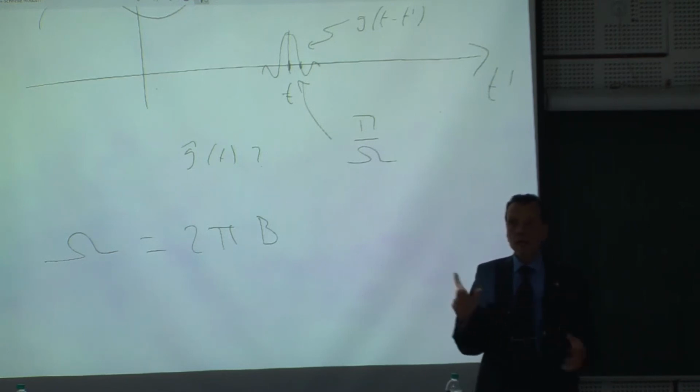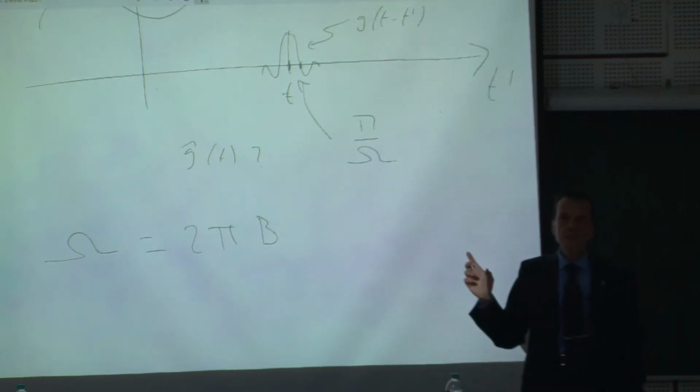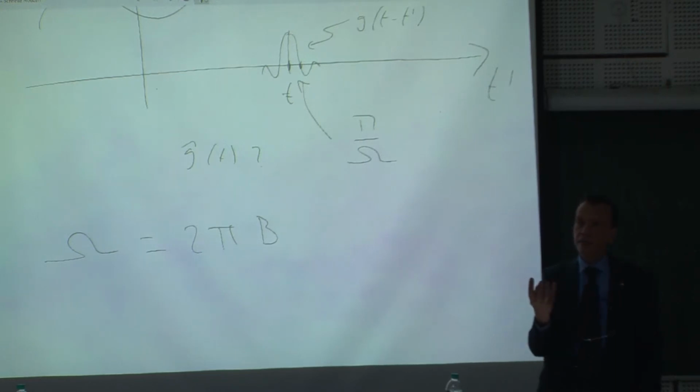Okay? In optical imaging, because we are still dealing now with one-dimensional, the point spread function is usually a two-dimensional function. You measure now, instead of time and frequency, x and kx, y and ky.